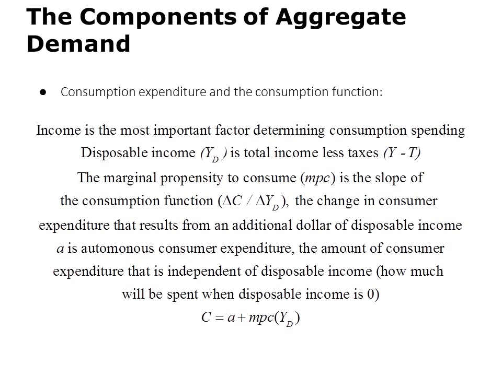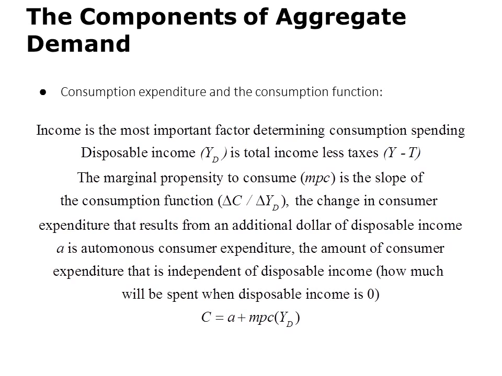The components of aggregate demand: consumption expenditure and the consumption function. Income is by far the most important factor in determining consumption spending. Disposable income is income less taxes. The marginal propensity to consume, MPC, is the slope of the consumption function.